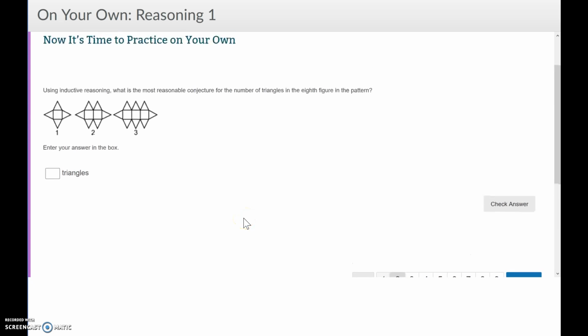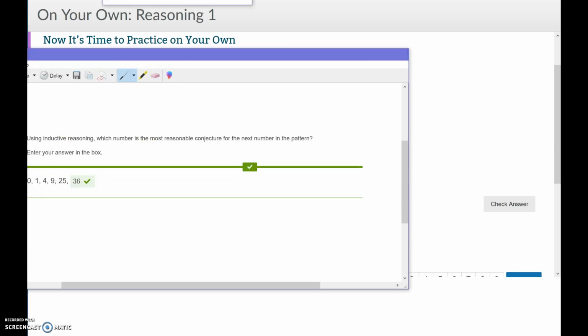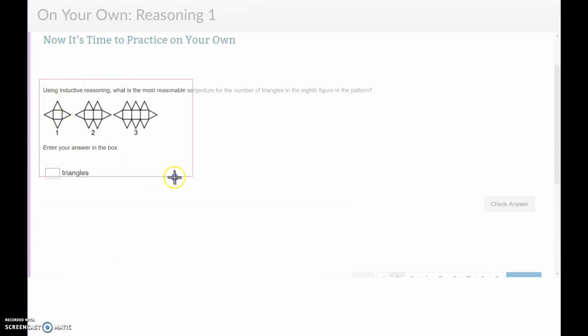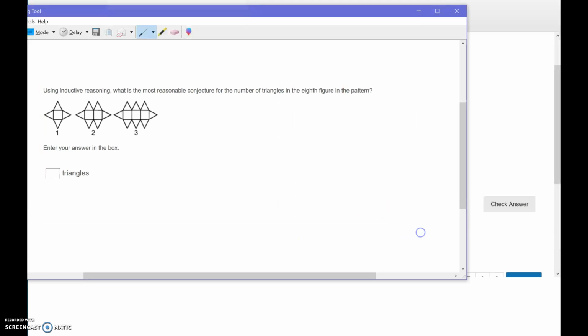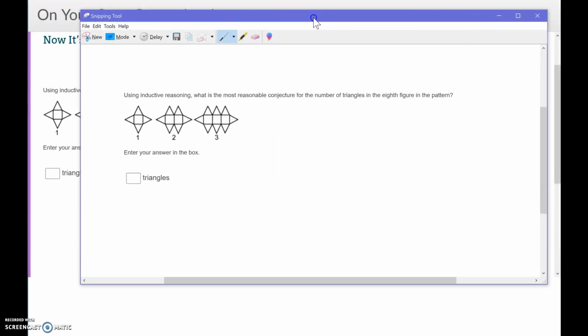Alright, so these I like to use my snip where I can draw a picture. So we're going to go to the 8th figure. Let's look here.